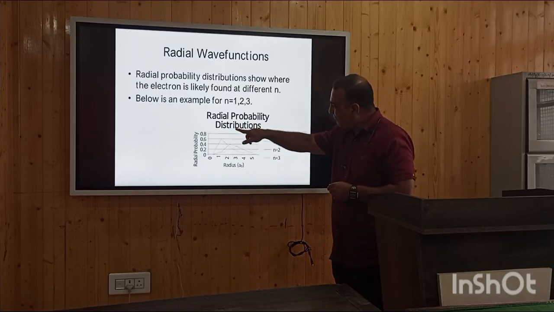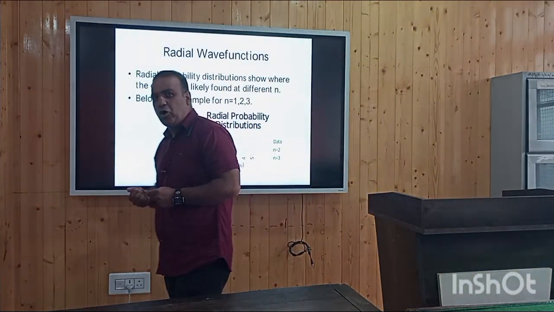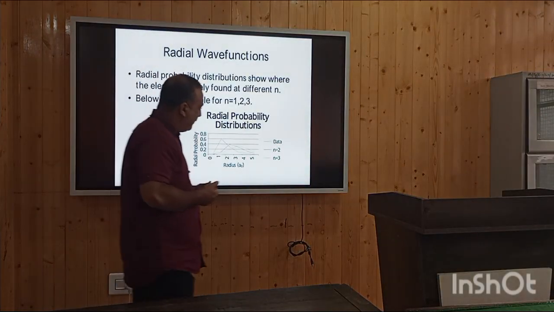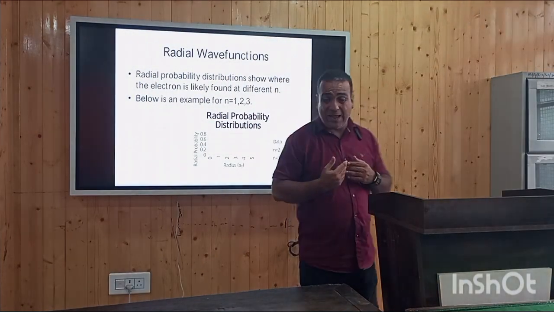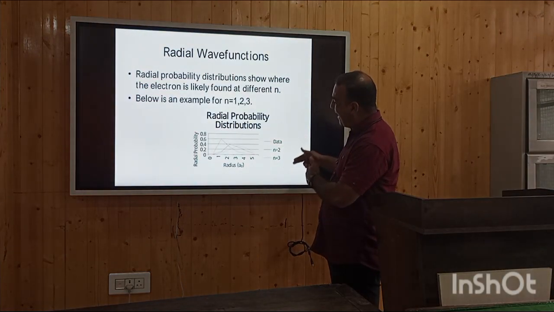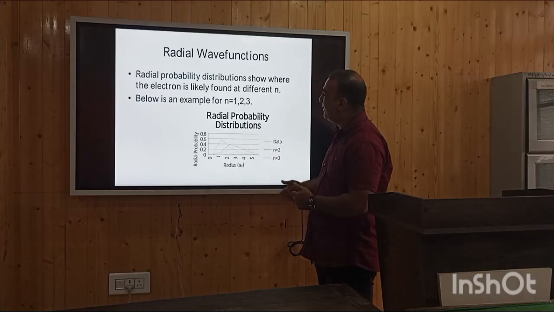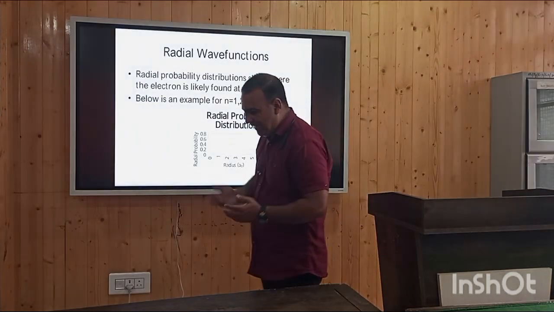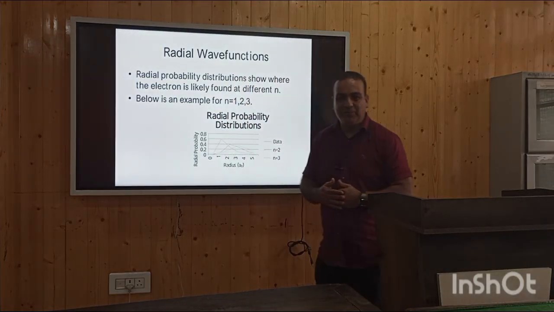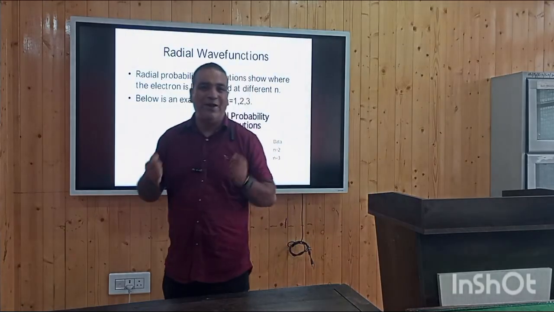The peak reflects the maximum probability of finding the electron in the hydrogen atom, depending on the principal quantum number. Because here you are doing quantum mechanics, you are dealing with the probabilities of finding the electron. The electron is not behaving as a point mass.